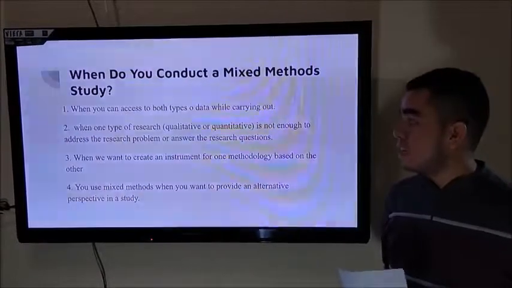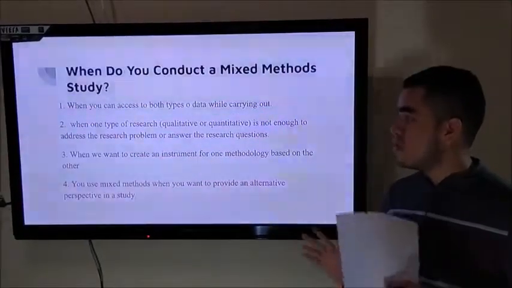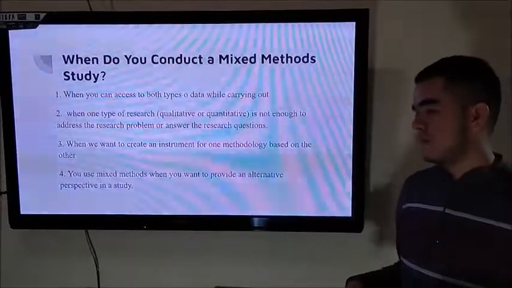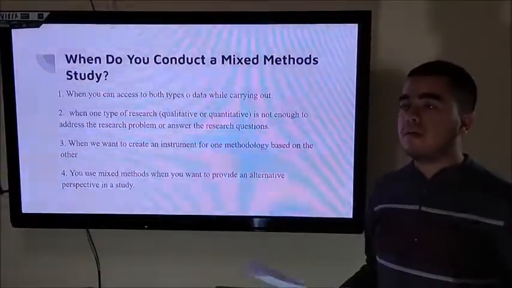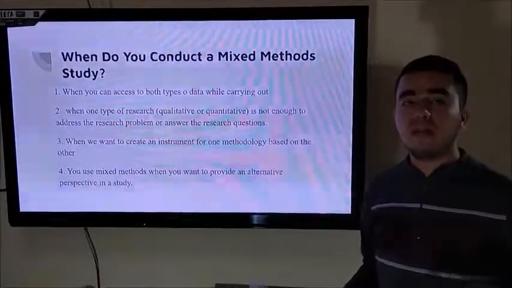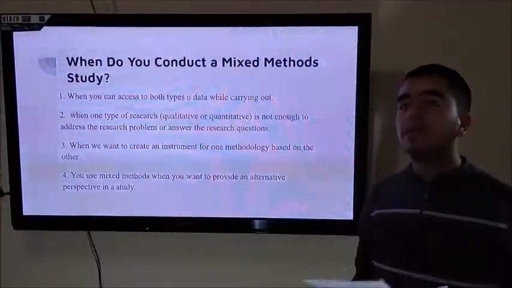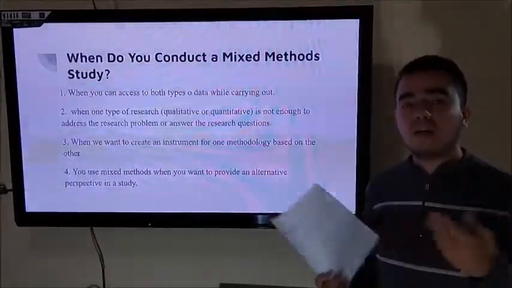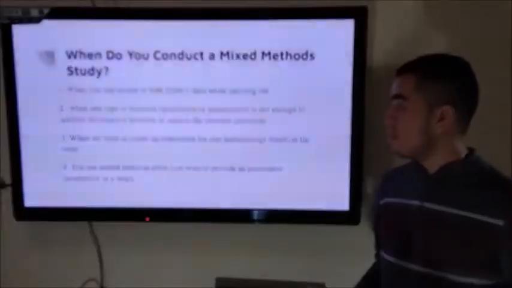Also when one type of research, qualitative or quantitative, is not enough to address the research problem or answer the research questions. For example, it is better to have both parts in order to better understand the scope of a very complex topic or phenomenon.